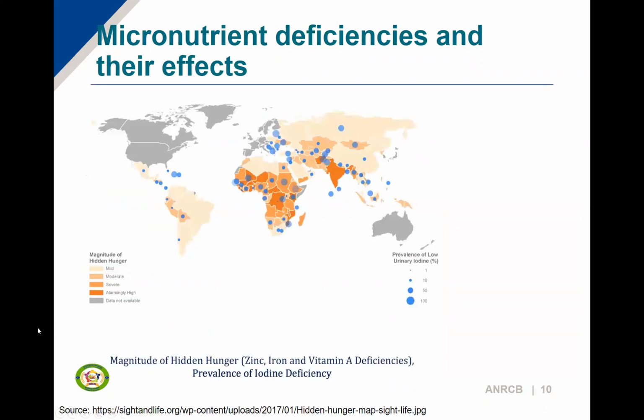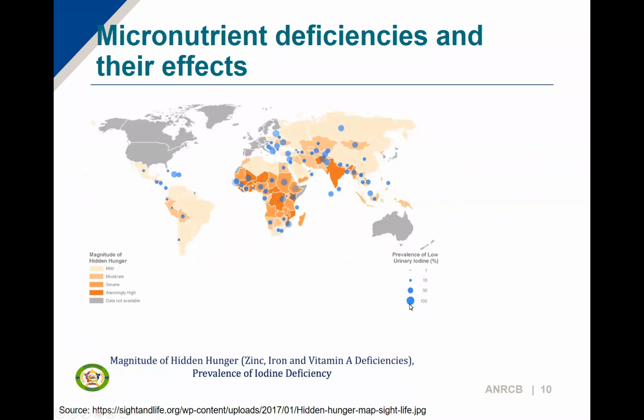When we look at micronutrient deficiencies, there are many vitamins and minerals, but there are some big ones. So this is looking at zinc, iron, vitamin A, and iodine, which globally are the four biggest areas of concern when it comes to micronutrients. And the color here indicates the severity of the hidden hunger for these nutrients.